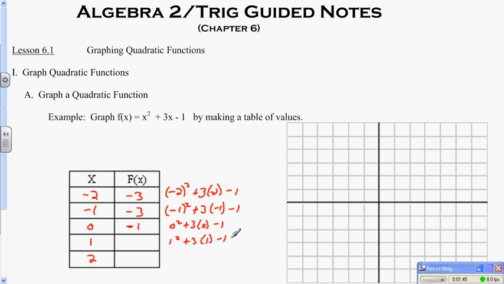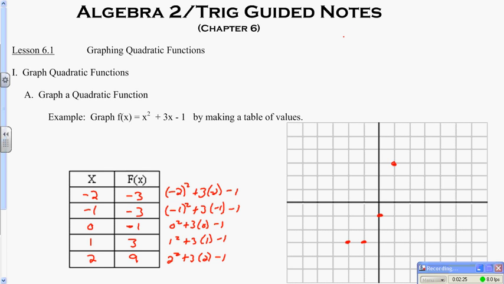I'll give you 1 plus 3 minus 1. And you plug in a 2. I'll give you 4 plus 6 minus 1. Now if we graph these, one coordinate will be -2, -3, and then -1 also gives us -3, 0 gives us -1, 1 gives us 3, and 2 is off the chart.